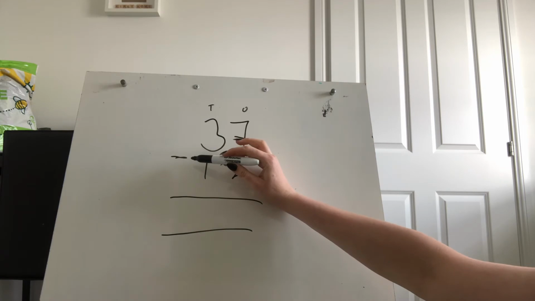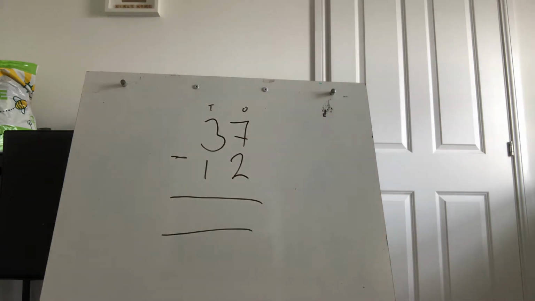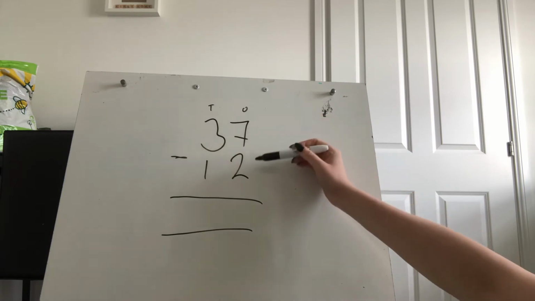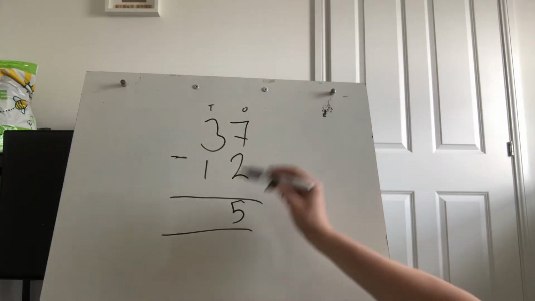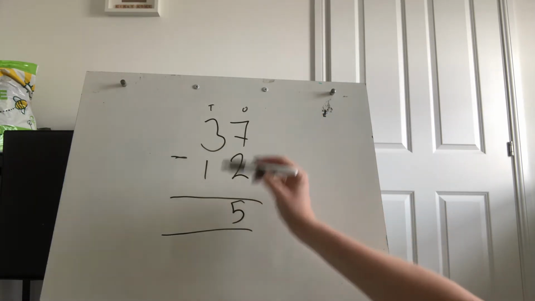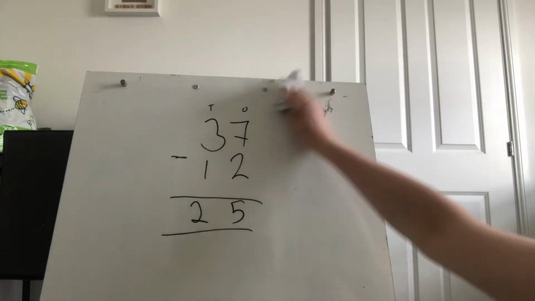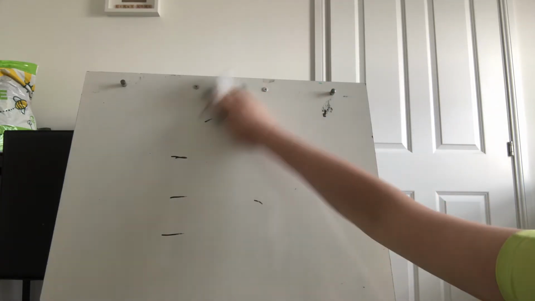I've got my subtraction symbol here, and I'm going to start on the right hand side, so that's this side here. 7 take away 2 is 5. 3 take away 1 is 2. The answer is 25. Now I don't need to borrow anything in this question. However, I'm now going to show you a question where we do need to borrow.